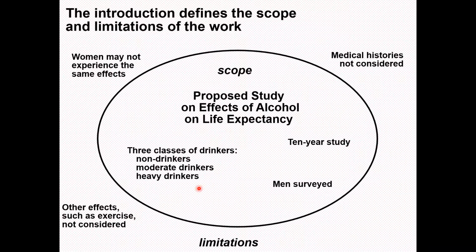You specify three classes of drinkers, that is non-drinkers, moderate drinkers, and heavy drinkers, and you have a 10 year study based on the number of men who survived. So here you can see this is your classified study, but here you miss something: you did not mention that women may not experience the same effect. Some effects you have excluded from the study.